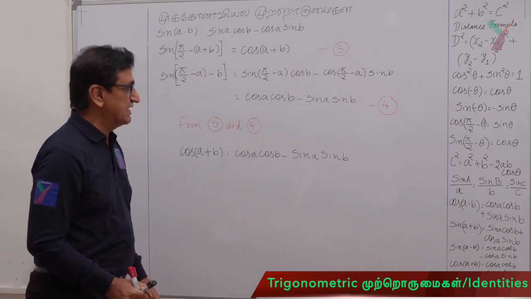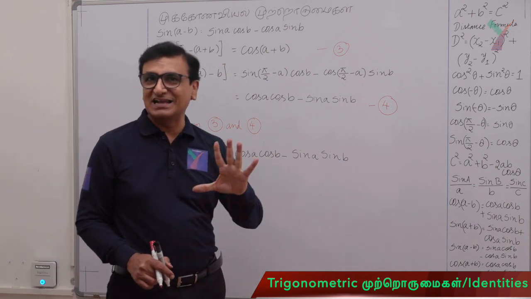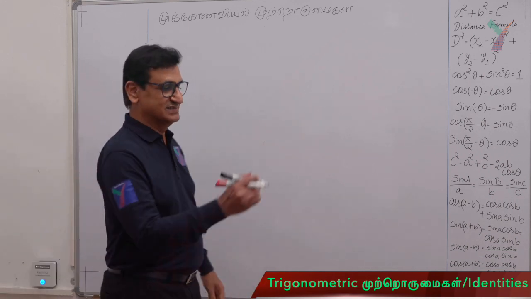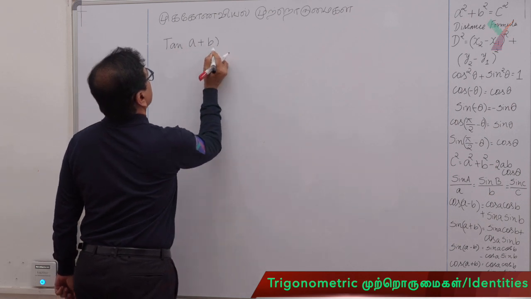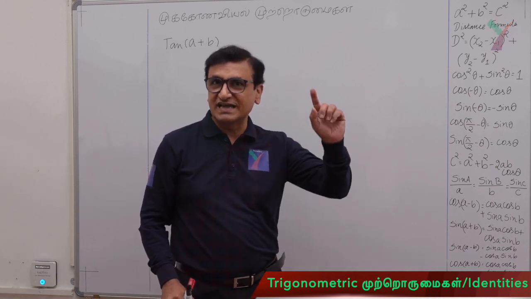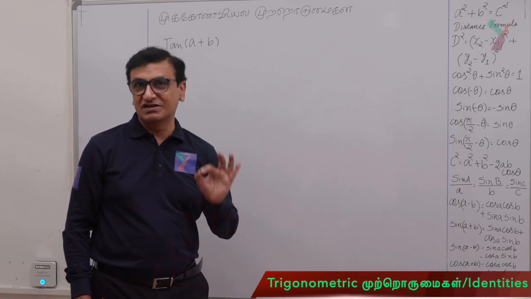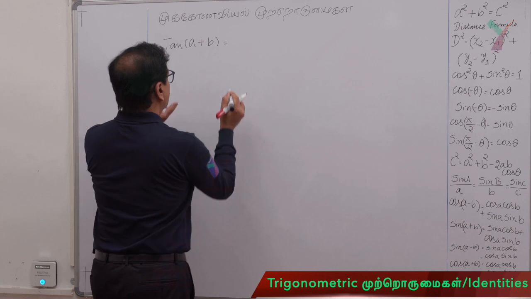Next, we are going to do tan. I'm going to rub this. Start with tan a plus b and tan a minus b. Okay, tan a plus b. What is the definition of tan? It is the ratio between sin and cos. That is, tan theta equal sin theta divided by cos theta. Correct? So, இதே நம்ம எப்படி எழுதலாம்?